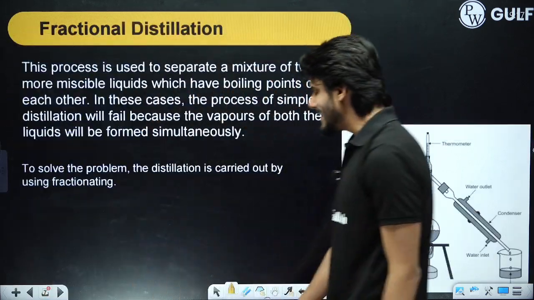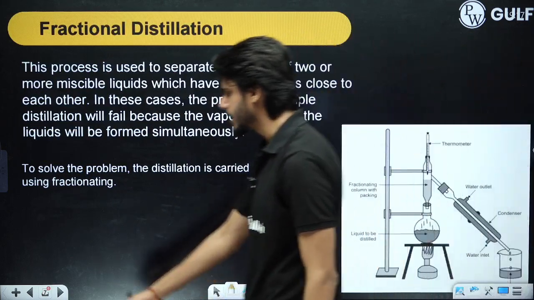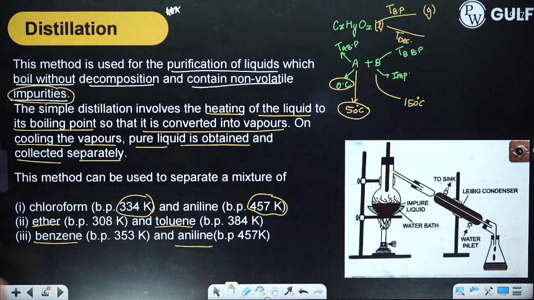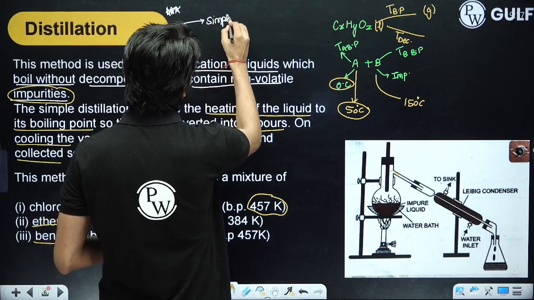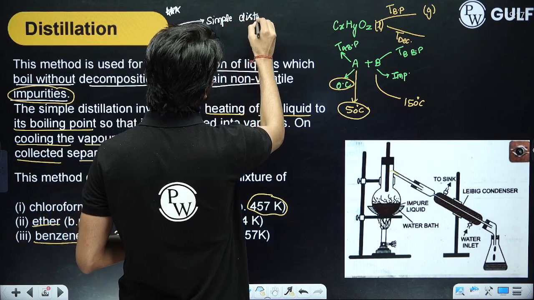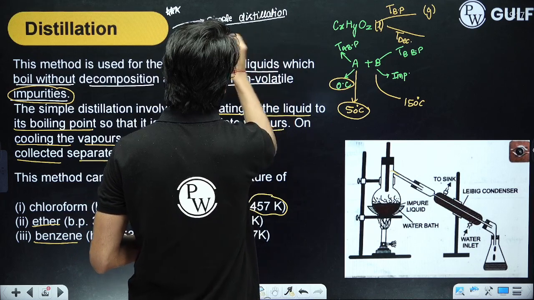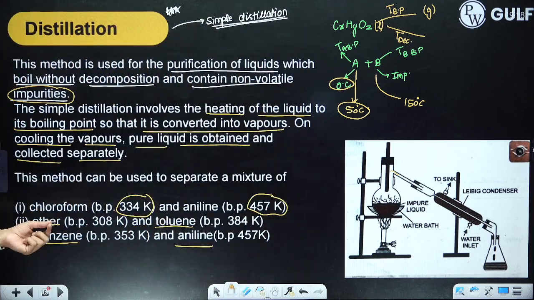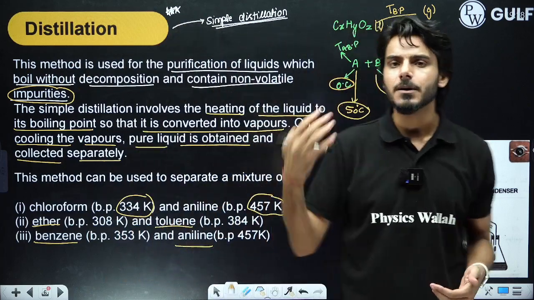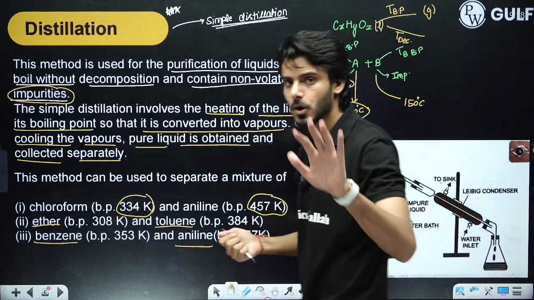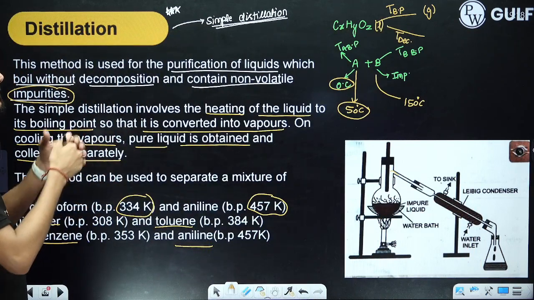Now let's move to fractional distillation. What we were using was the simple distillation method, by the way. The simple distillation method only works if the difference in the boiling points of the two things, either an organic compound with impurity or two organic compounds which you want to separate, is very high.